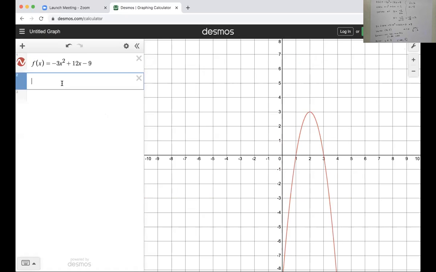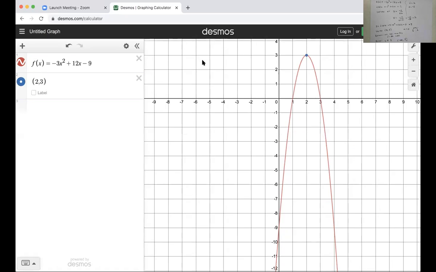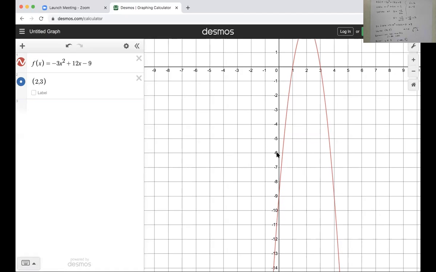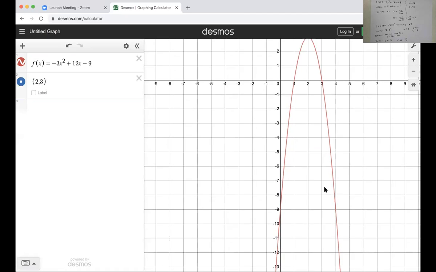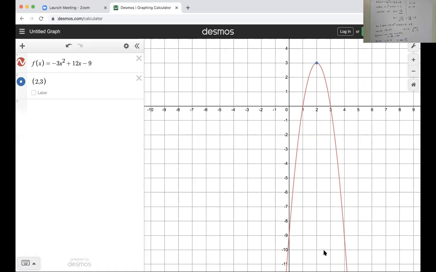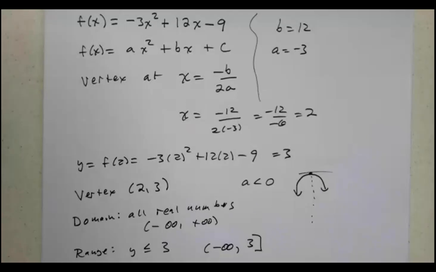And sure enough, that looks like our vertex. And domain, all real numbers: you can see the x's get as low as you want. They go negative, they go positive very slowly. The y values go as far down as you want, but only up to 3. That reinforces our notion that the domain is minus infinity to infinity, and the range is minus infinity to 3.